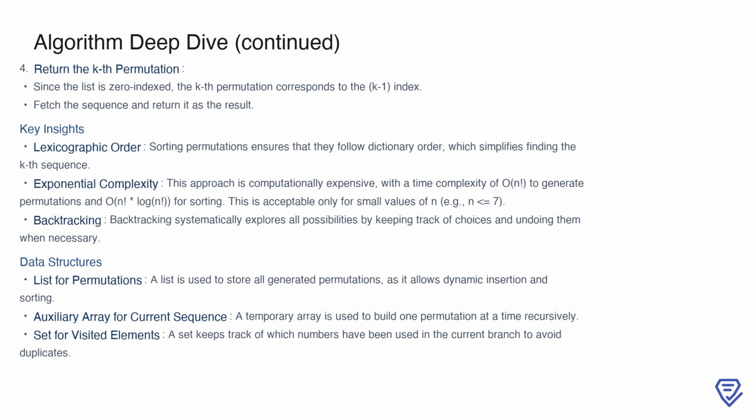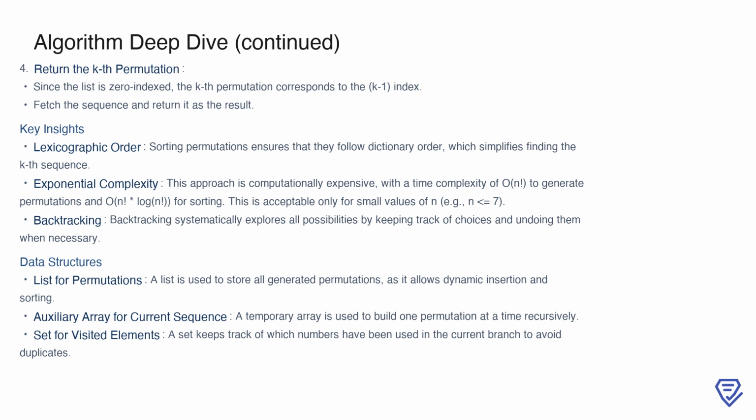A key insight here is that sorting the permutations ensures they follow dictionary order, which simplifies the retrieval of the kth sequence. However, this brute force approach comes with significant computational costs. Generating all permutations requires n factorial time, and sorting them adds an additional n log n complexity.